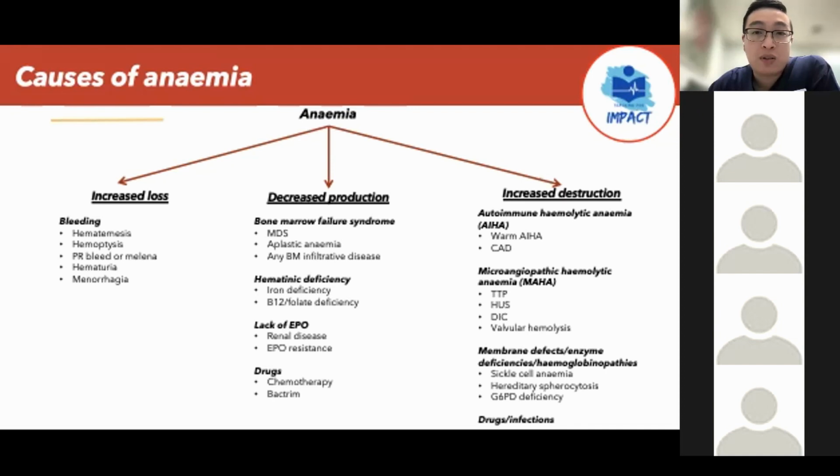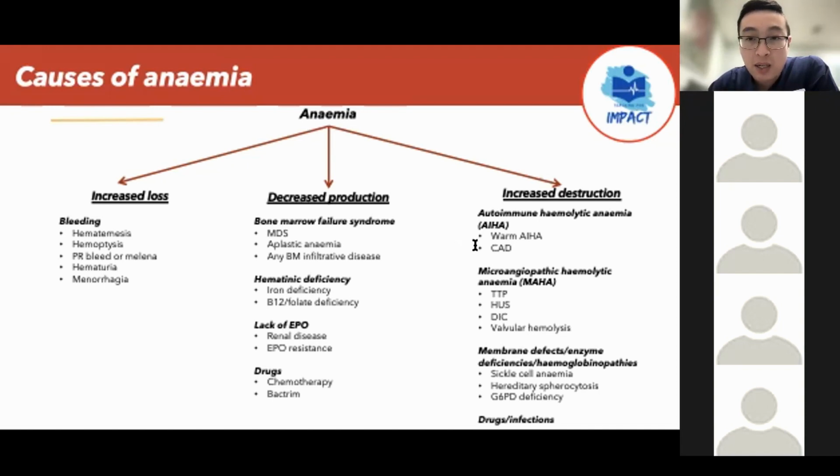That's the third mechanism for how you can get low red blood cell counts. Essentially what we're referring to is hemolytic anemia, so hemolysis causing anemia.